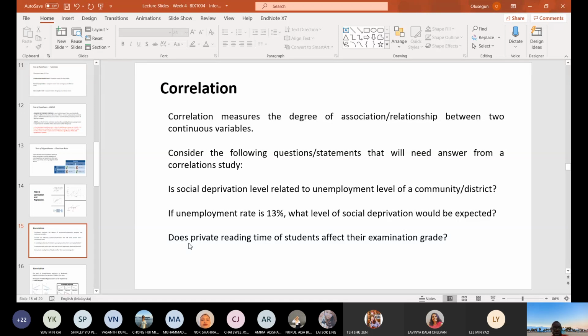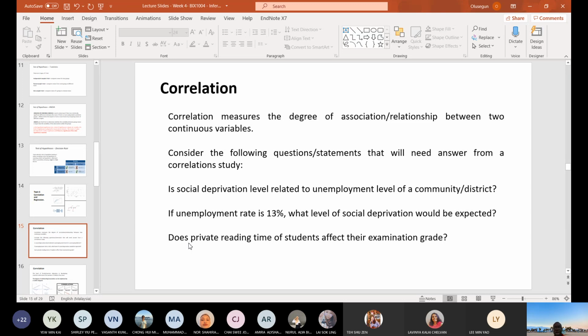For some, being in class alone gives them all the examination grade they want. It is only when they are not in class that no matter the level of private reading, it may not give them grade. For some, they will be in class, they will still read more, then they have good grades. For some, they may not be in class, only their private reading time is scheduled, and it gives them grade.